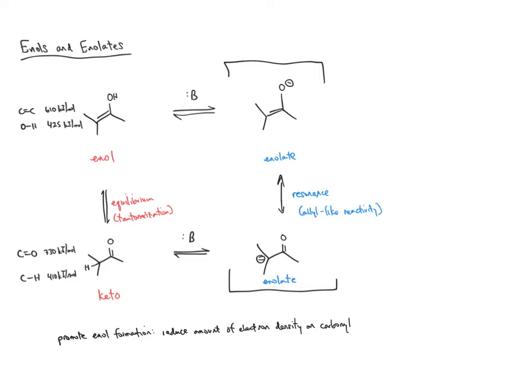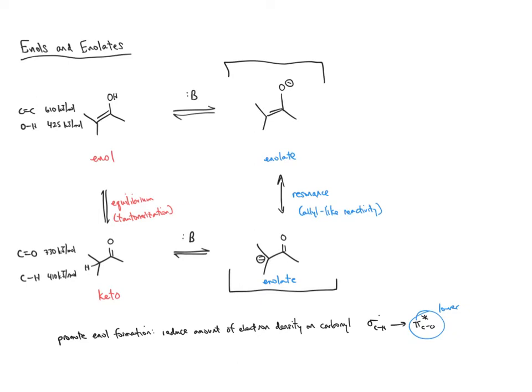This would allow for better overlap between the sigma CH and the pi star CO, right? And so the whole idea is you want to take that sigma CH and delocalize it into the pi star CO. And if this thing is lower because you don't have a whole lot of electron density on it, then there will be a much better chance that that type of interaction will occur.